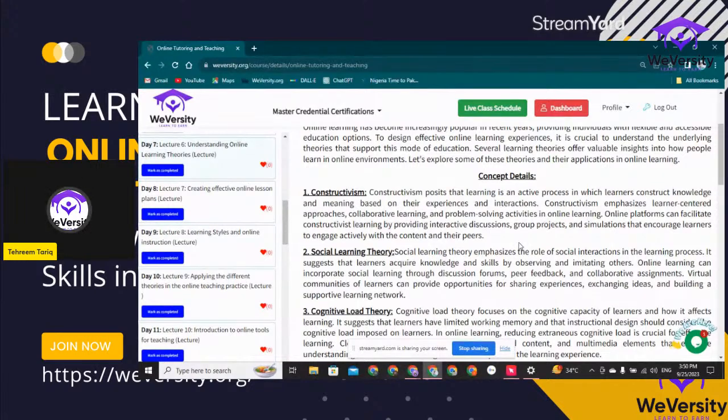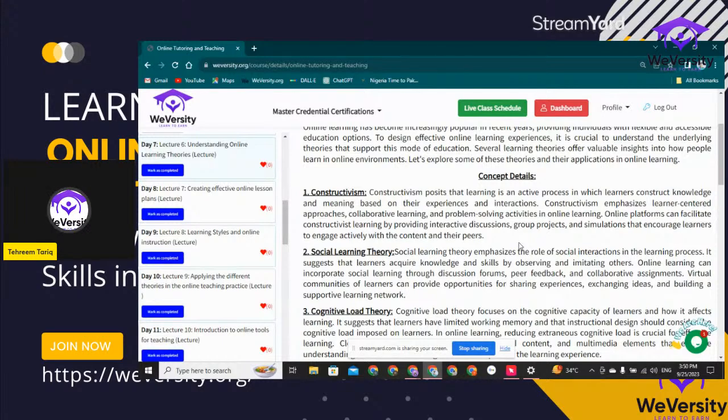Online platforms can facilitate constructive learning by providing interactive discussions, group projects, and simulations that encourage learners to engage actively with the content and their peers.